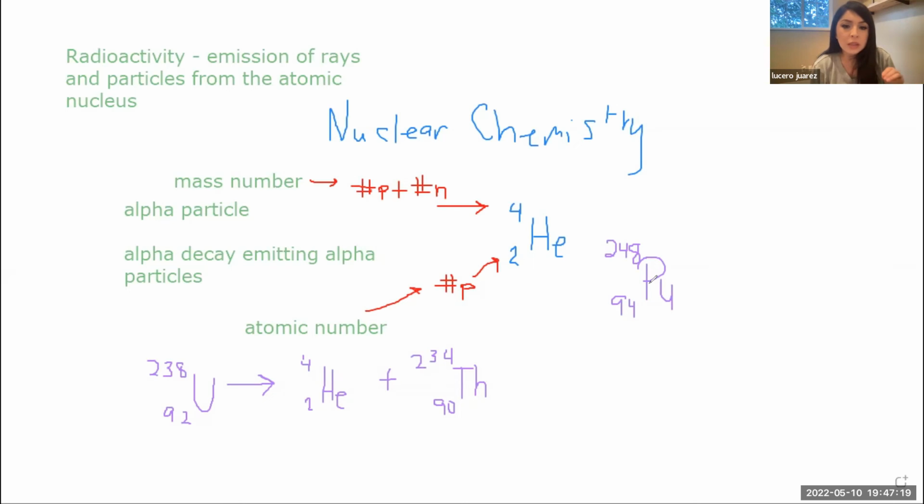So are we always going to use helium? Always, your alpha particle is always going to be helium. In alpha decay, it's usually only one atom of helium. Okay.